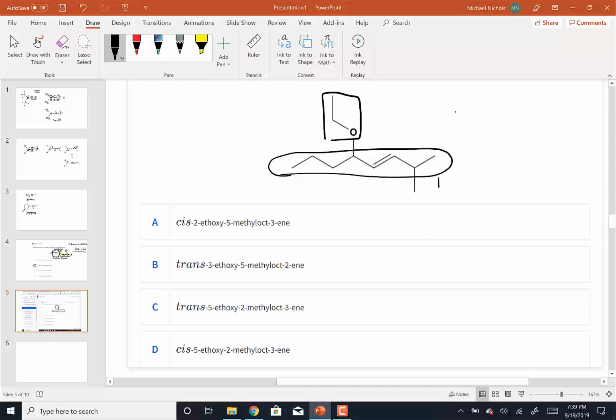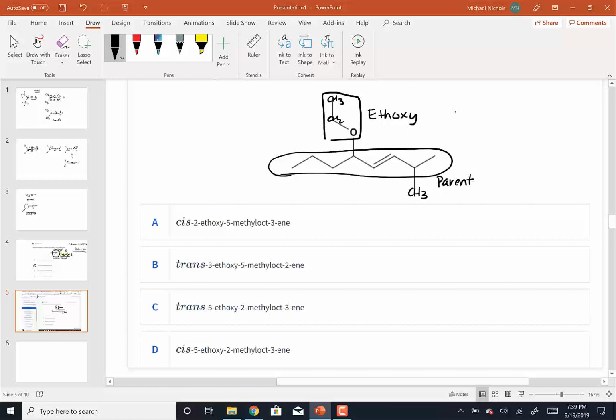So this is going to be my parent, and the OCH2CH3 is what kind of alkoxy group? It's an ethyl group, so this is called an ethoxy. And I also have a methyl group down here that is a substituent. So this is going to be an ethoxy methyl, whatever the parent name is.